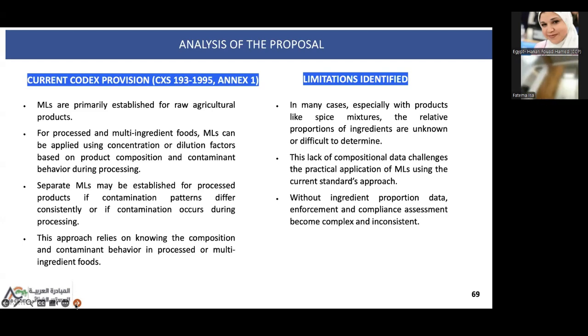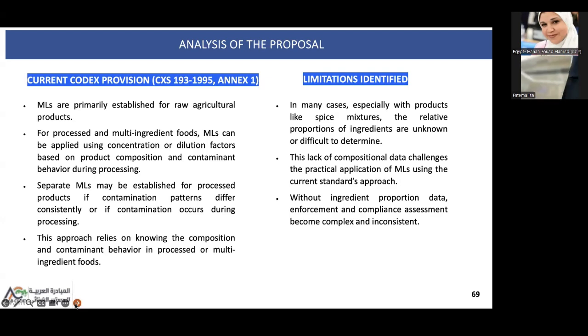In regard to analysis of the proposal, the current Codex provision determines maximum levels for contaminants for agricultural foods; for processed food of multi-component, other concentration criteria are applied.